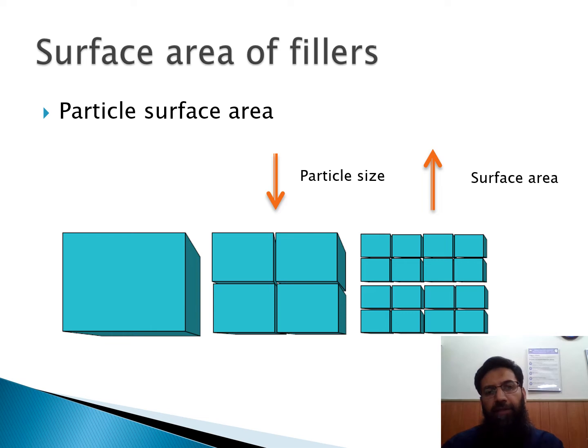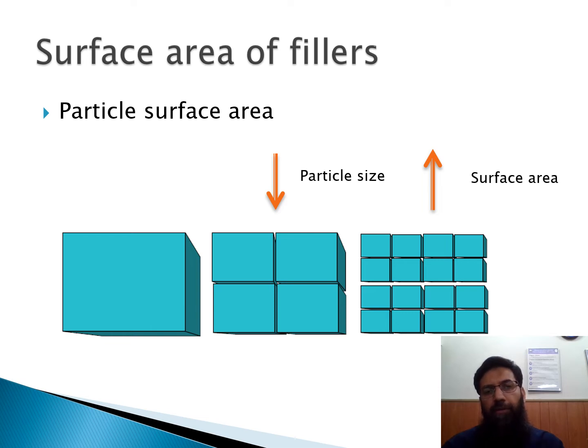But if by reducing the particle size we can't get a high surface area, then the surface area of the fillers can be enhanced by different surface treatment methods. For example, we can enhance the surface activity of the carbon black by putting it in the furnace or in the oven at a high temperature.